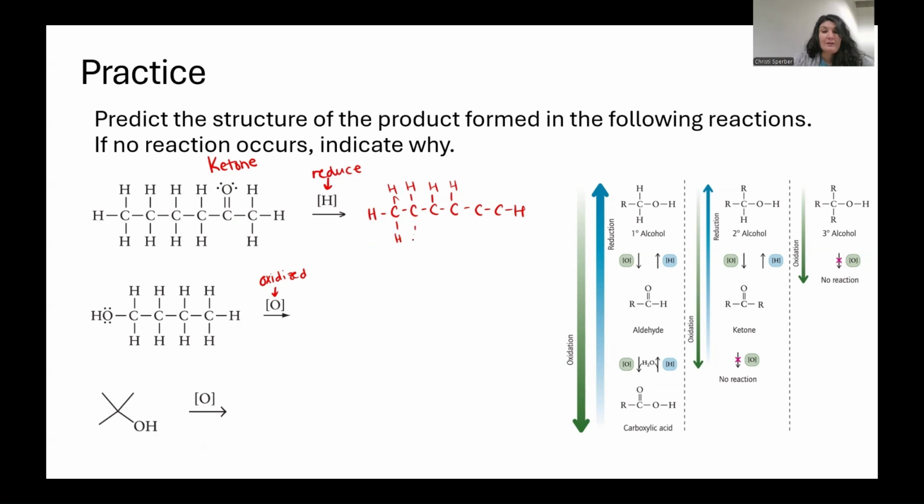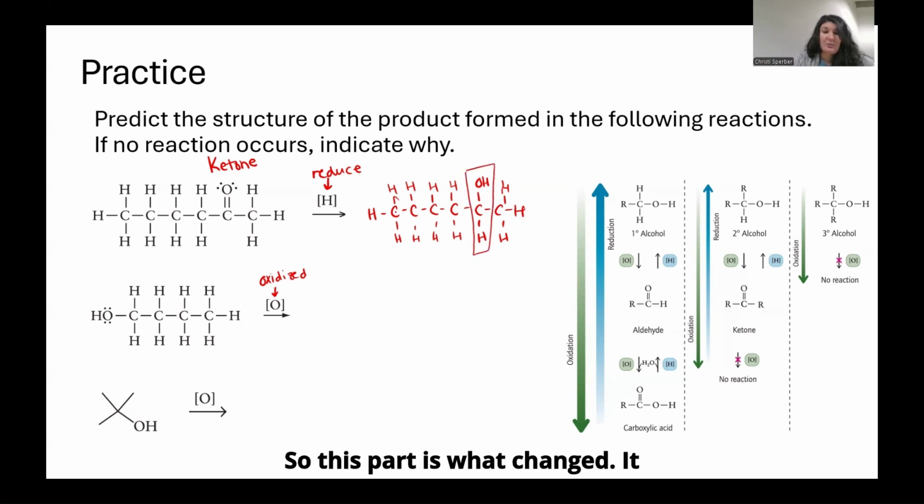Draw my Lewis structure out, my carbons and hydrogens. My ketone turns to an alcohol, and I get another hydrogen there. So this part is what changed. It went from a ketone to an alcohol.